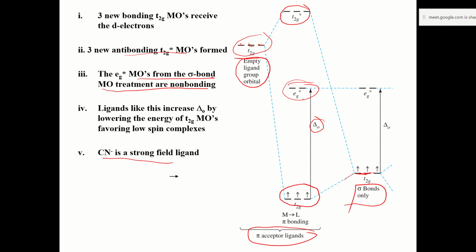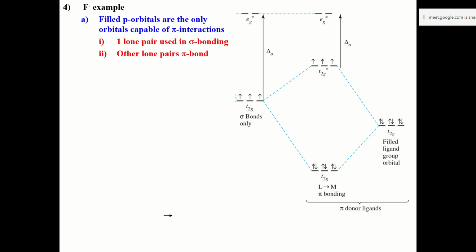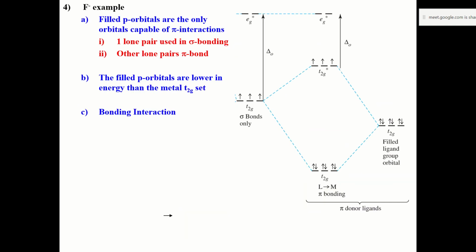So CN minus was one of the examples that we have discussed earlier, but here in the context of PF3 a similar situation arises. So it is a transfer of electrons, so this kind of thing is happening.